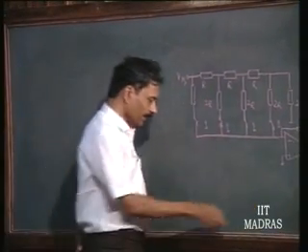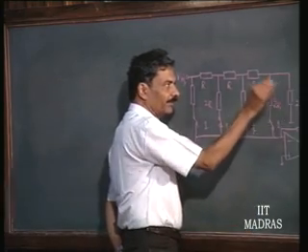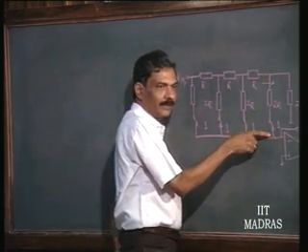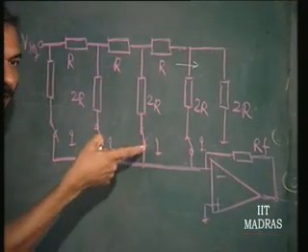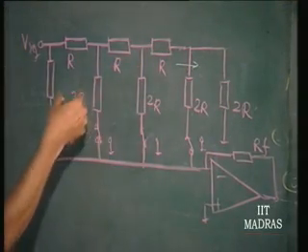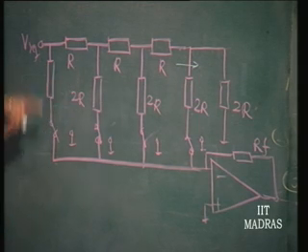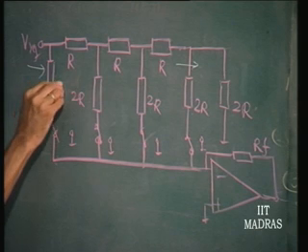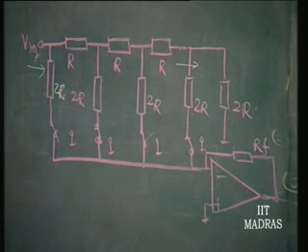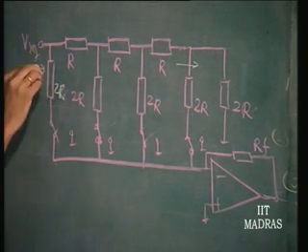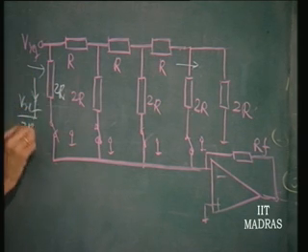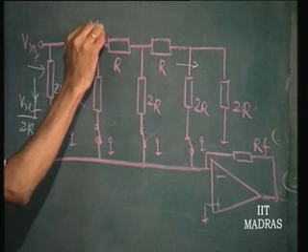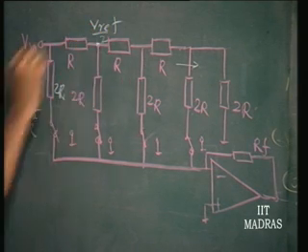It is an established fact that when you have 2R and 2R, the parallel combination here results in R. This R comes in series with this R, results in 2R, and that 2R comes in parallel with this 2R, and so on and so forth. So, at any point here, if you look in through this, you will see an impedance which is always going to be R. Now, if this is V reference by 2R current, this is going to be V reference by 2.